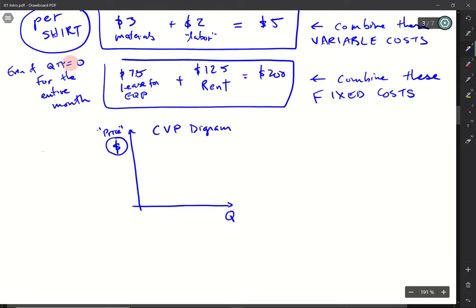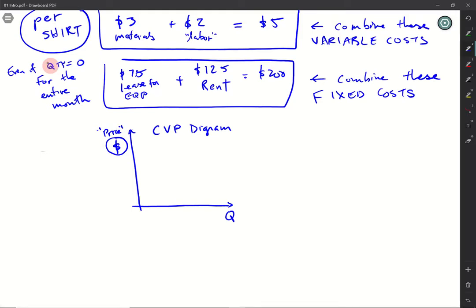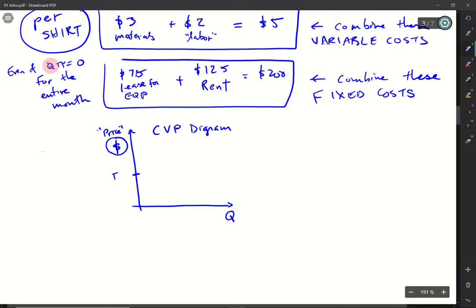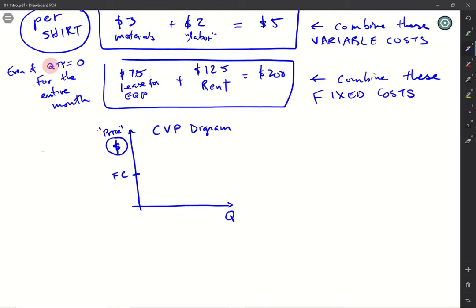So the starting point for costs would be how much would the company's costs be if it produced no items? If Q were equal to 0, what would its cost be? 200, right? And we'll call this the fixed costs. Does that make sense?